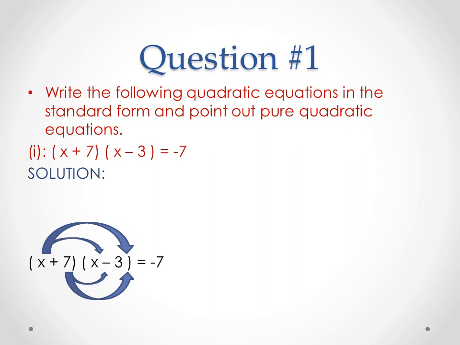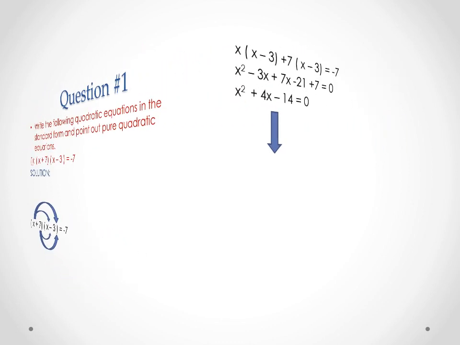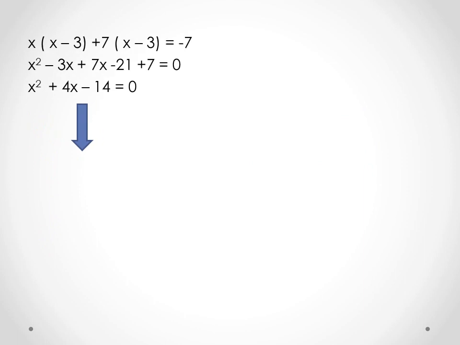That is, x would be multiplied with x minus 3, and plus 7 would be multiplied with x minus 3. Here I would like to add that you are not going to skip the signs. Whenever the variables or the digits are multiplying, the signs with them are also multiplied.